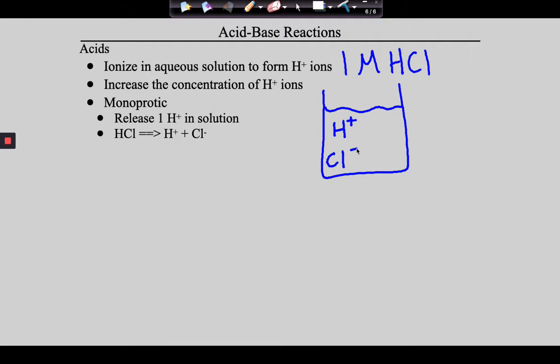But guys, here's the interesting thought. Don't miss this. This is actually technically incorrect. This is a little bit of a stretch. It's going back to last year. But guys, we need to talk about this. So when HCl goes into water, it does break into hydrogen ion and it does break into chloride ion, but now we need to talk about what actually happens.